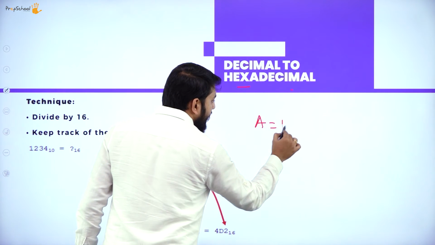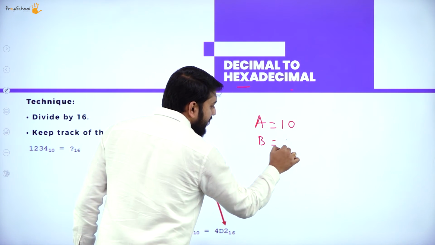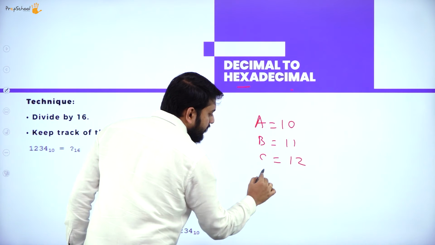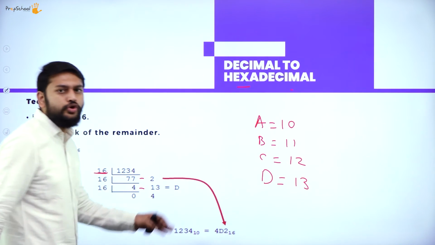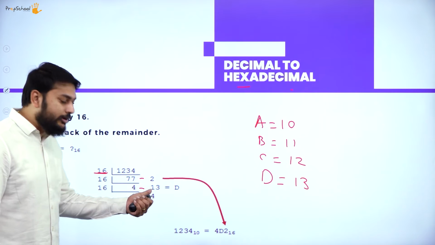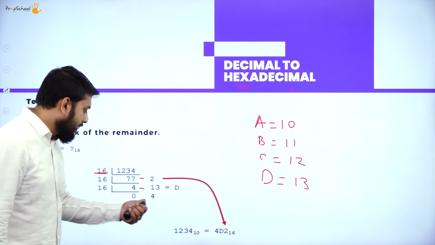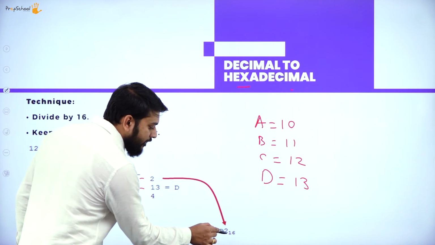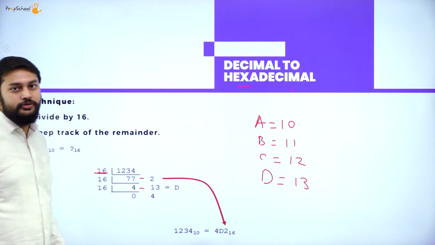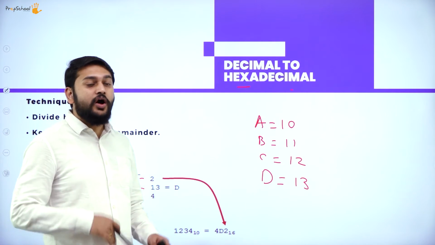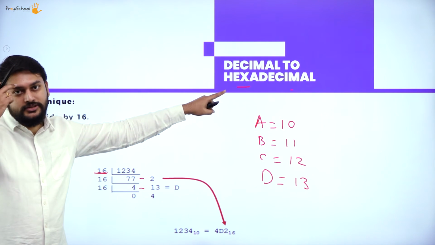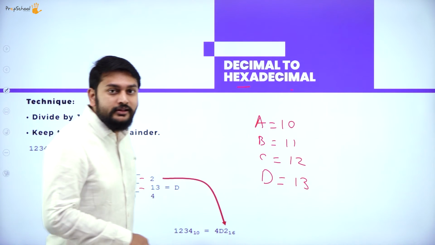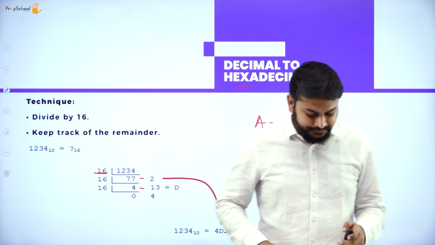A is 10, B is 11, C is 12, D is 13, and it goes on till 15. So 13 is equal to D and the next remainder is 4. So what should be my answer? From this side you have to write 2D4 to the base 16. This is how I convert decimal to hexadecimal. Please don't forget, this is very, very important.